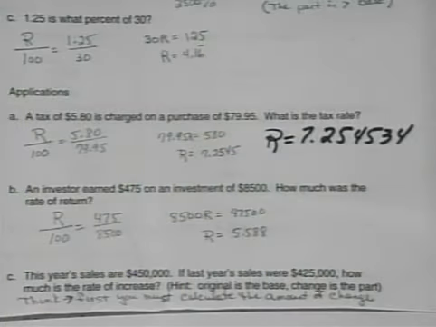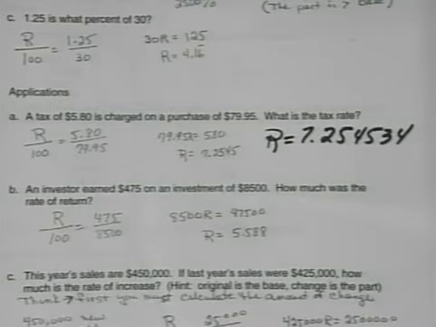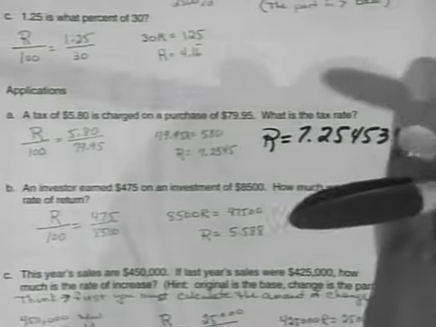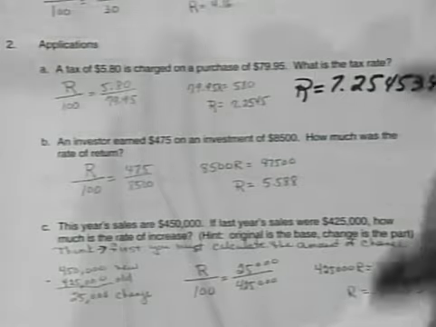It says change is the part. So we have to calculate the change. First, you must calculate the amount of change. Here we go. I'm going to make sure this comes up on the screen.